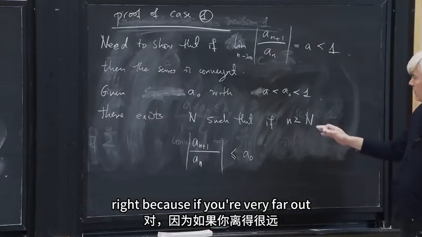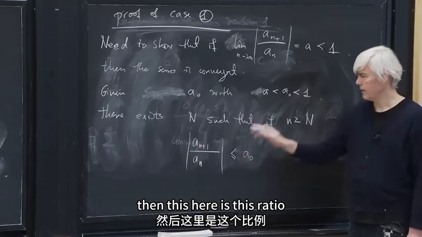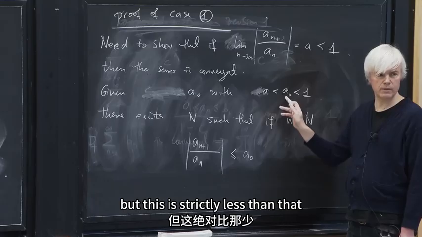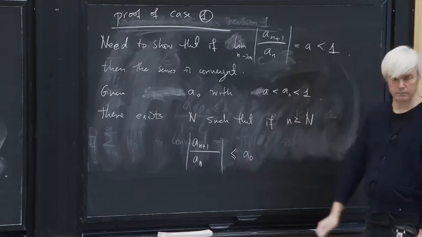Because if you're very far out, then this ratio is going to be very close to A, but A is strictly less than A0, right?